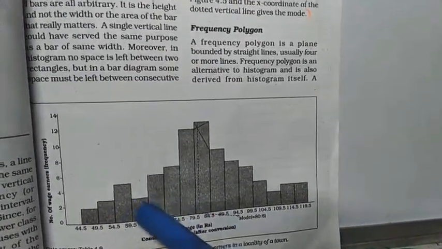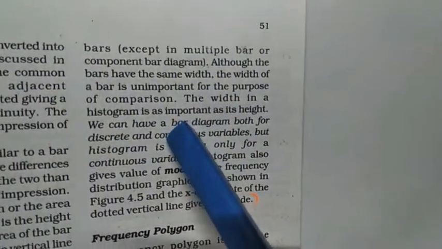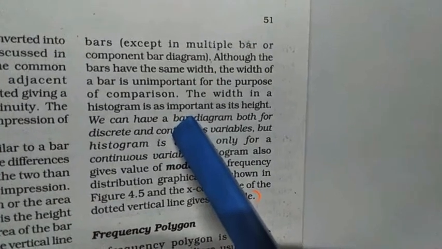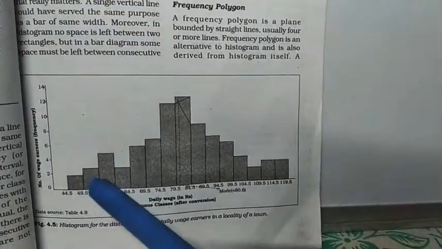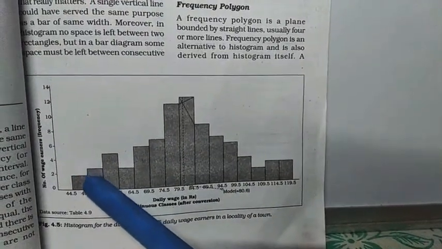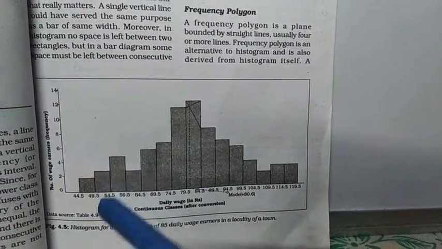You see, there is no space left between the two rectangles. But in a bar diagram, some space must be left between consecutive bars. Again, the height in the histogram is as important as its width.